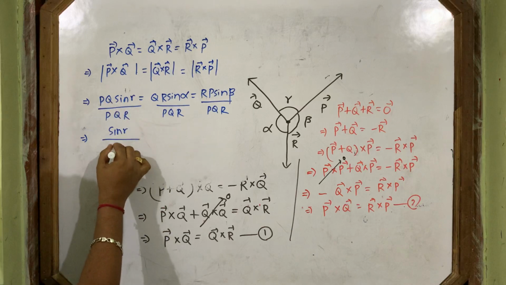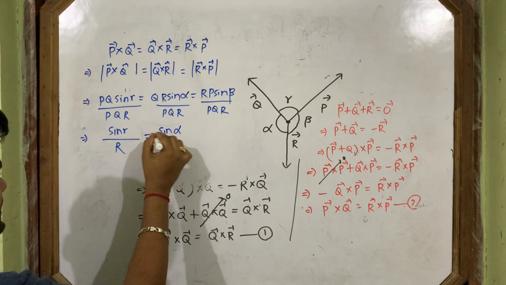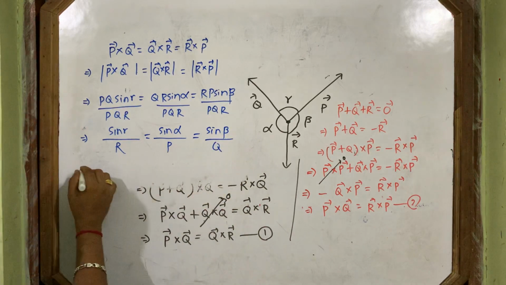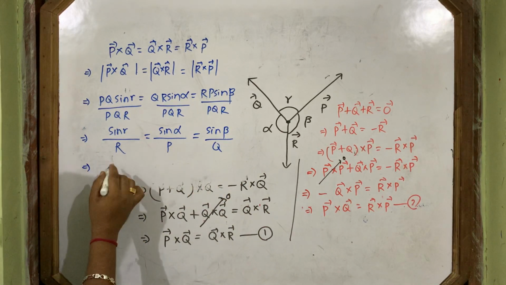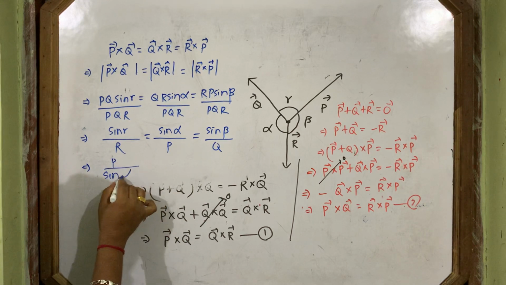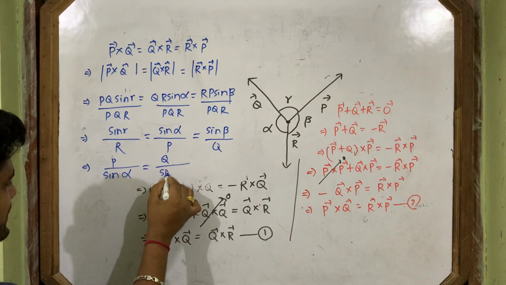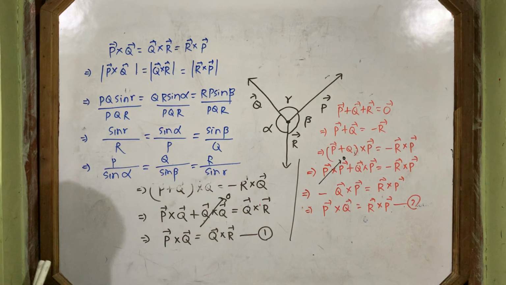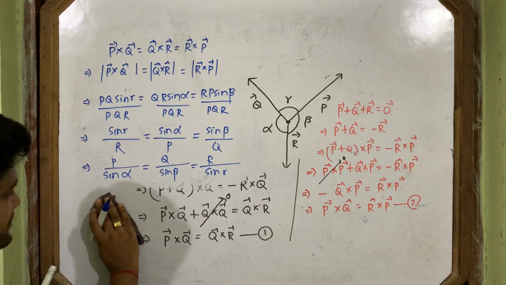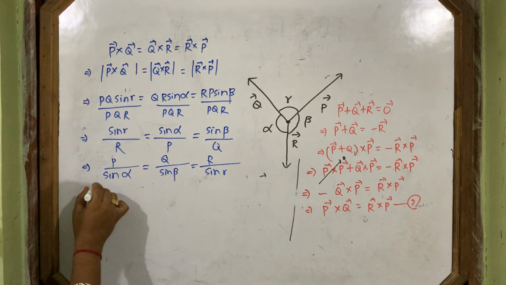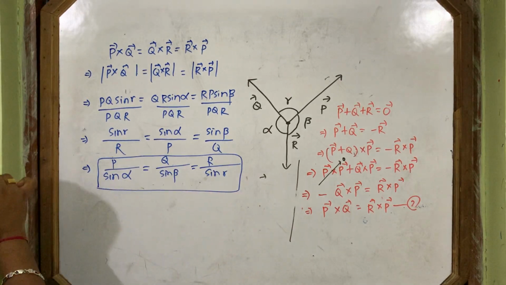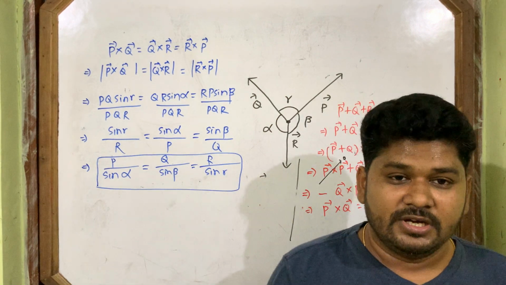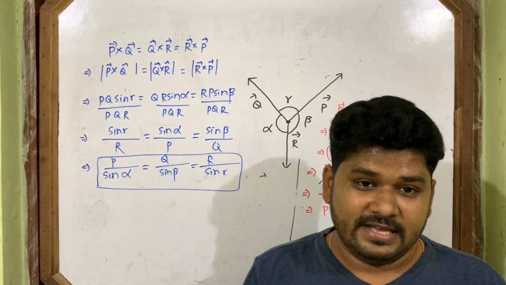Sin gamma by R, sin alpha by P, sin beta by Q. You just reverse them and keep it as P by sin alpha, Q by sin beta, then R by sin gamma. So now your Lami's theorem is proved here. This is your Lami's theorem. So today we discussed cross product and Lami's theorem.